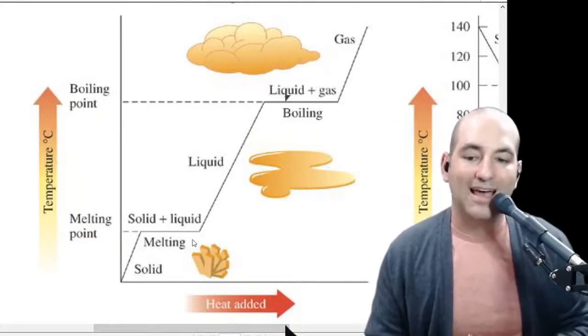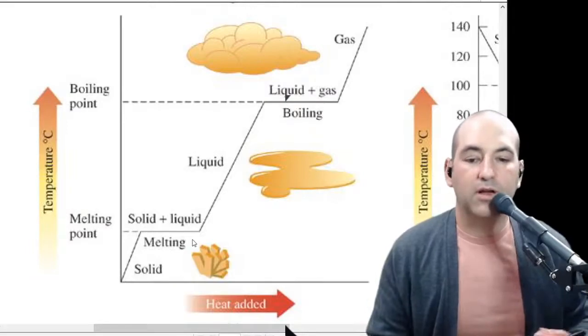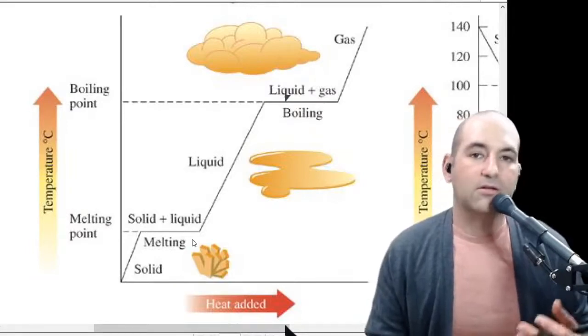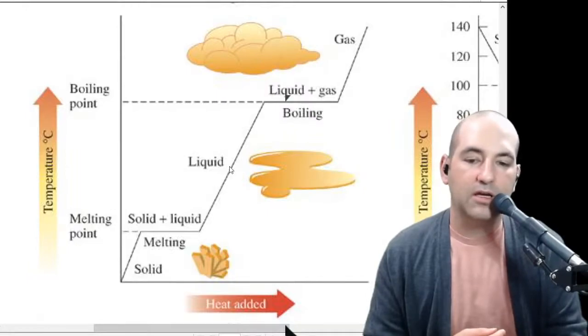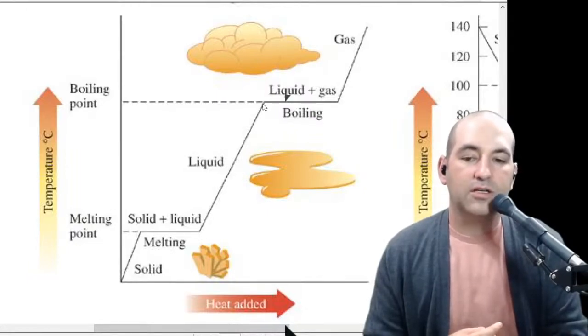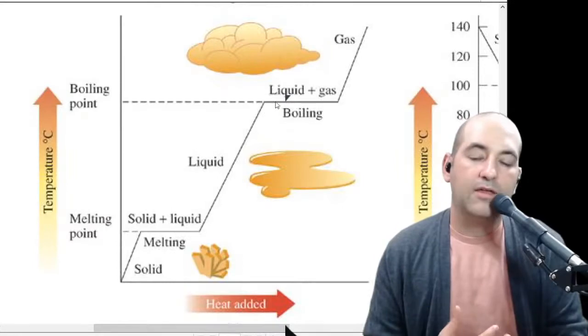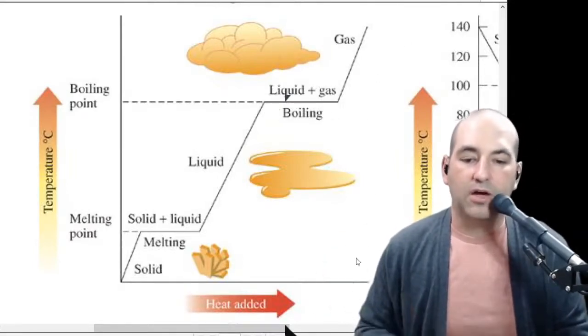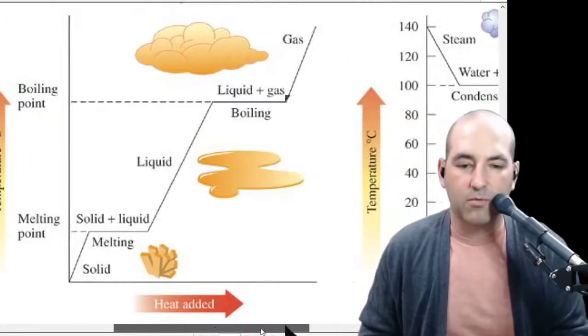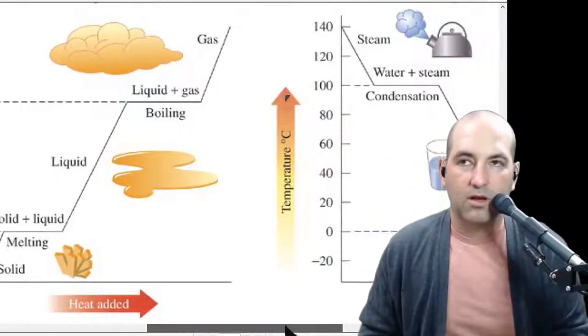Melting is an endothermic process because you have to put heat in to get it to happen. Then you can heat up liquid water from 0 degrees C to 100 degrees C until you get to the boiling point, and then you need to put more energy in to boil that water and have it become a gas. I think we'll talk about this a little bit more in a couple chapters as well.